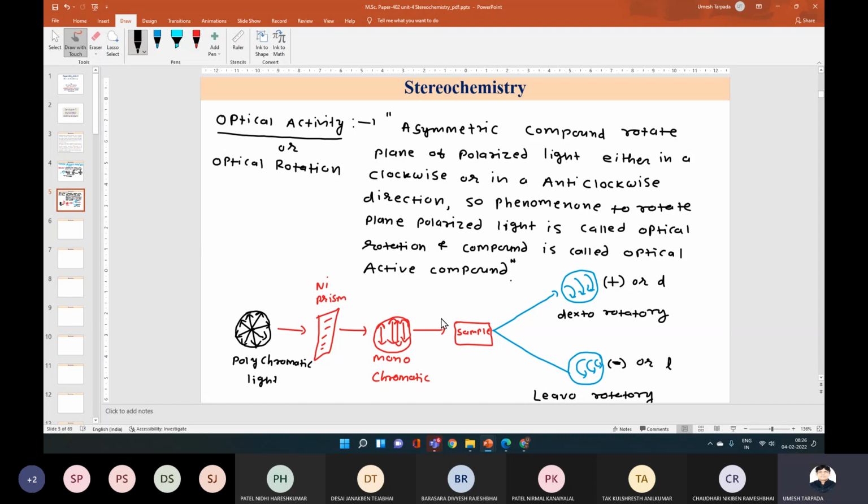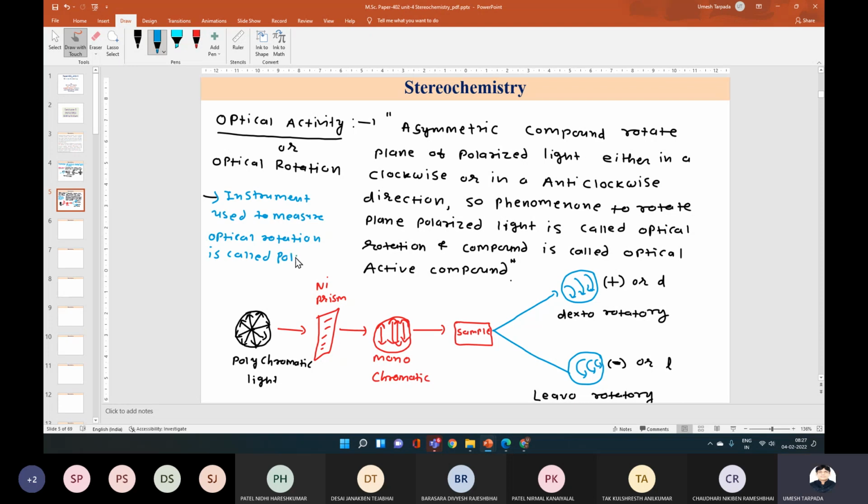The instrument used to measure optical activity is called a polarimeter. The instrument used to measure optical rotation is called a polarimeter.